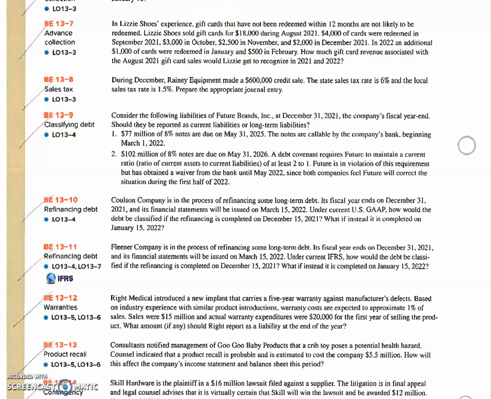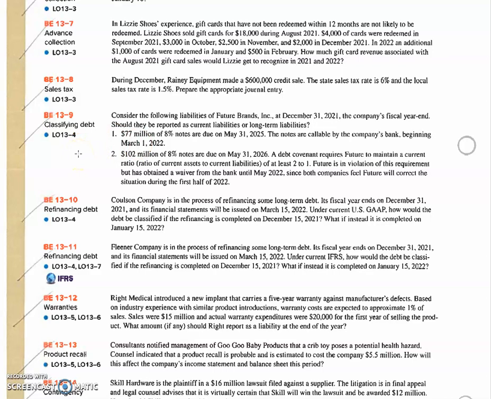The answer is yes, we have to reclassify those as a current liability because they are callable within the next year, and so therefore we could have to pay them with whatever assets we have available at the time they're called. So that one is a current liability.